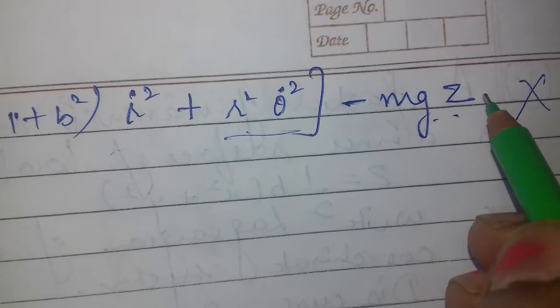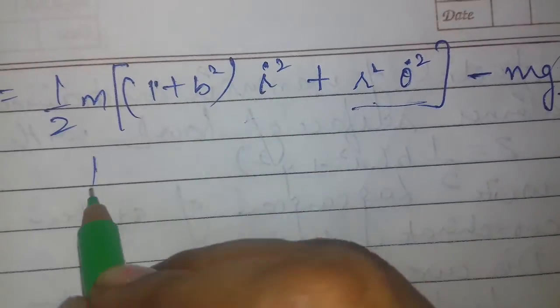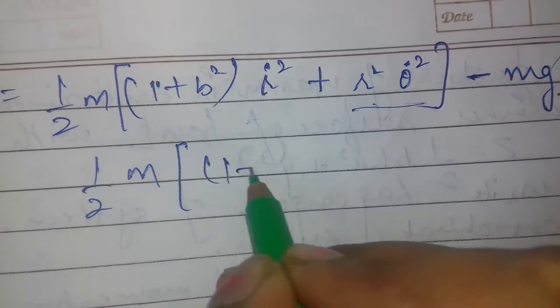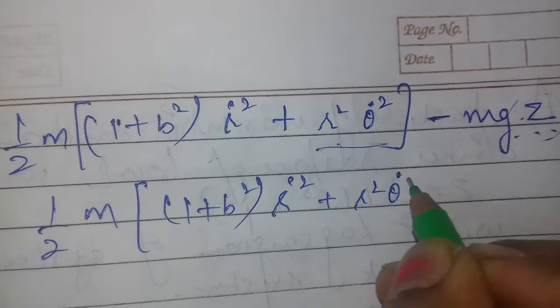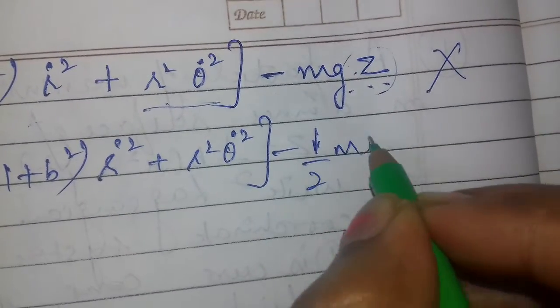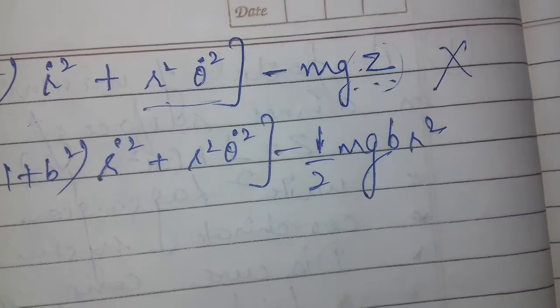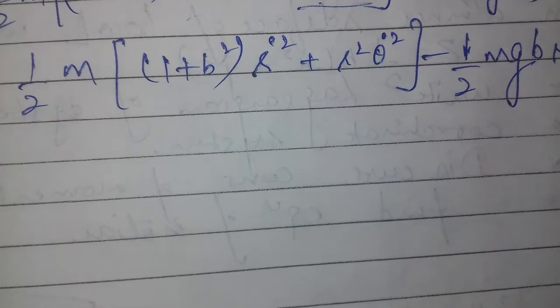So you will use the equation of constraint here to substitute this, and it will become half m (1 plus b square) r dot square plus r square theta dot square, minus half mg b r square. This Lagrangian is now right, and this is the final expression of the Lagrangian.